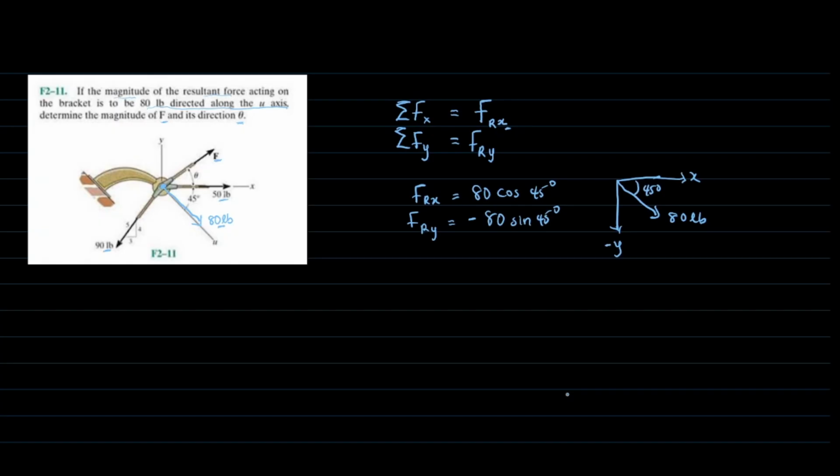Now let us find the summation of the component forces in the x direction. The first and most obvious component force that's in the x direction is the 50 pounds right here. So we're going to have 50. The next component force we're going to tackle is the 90 pounds here.